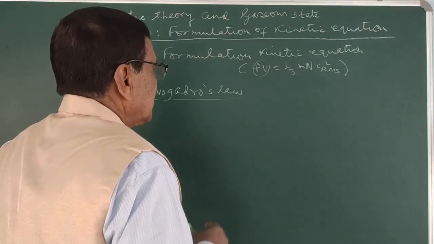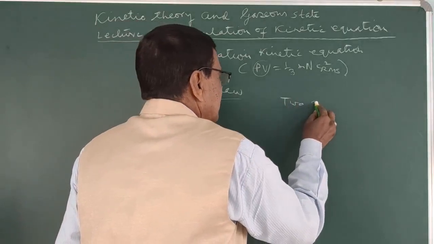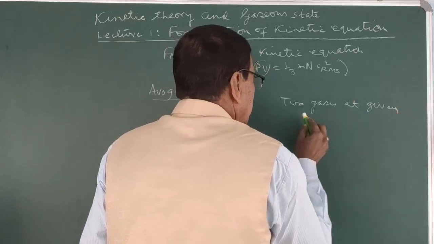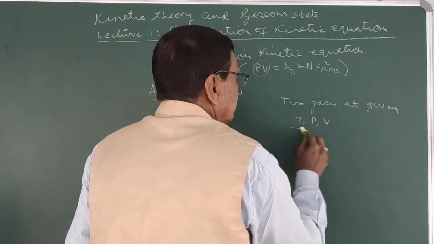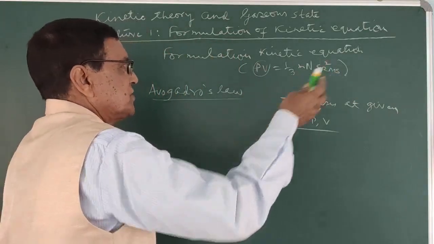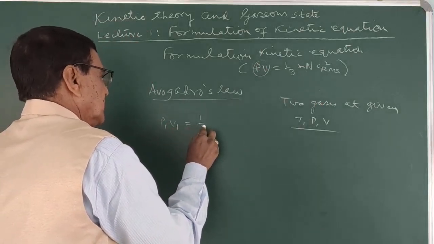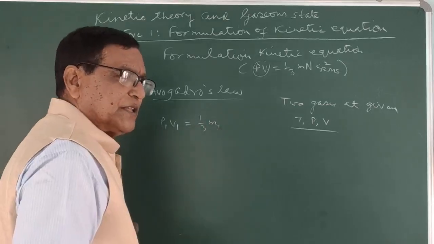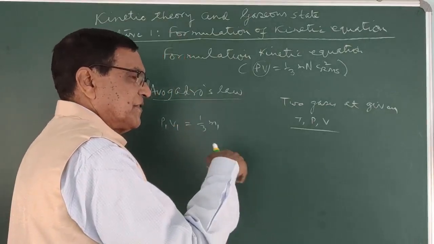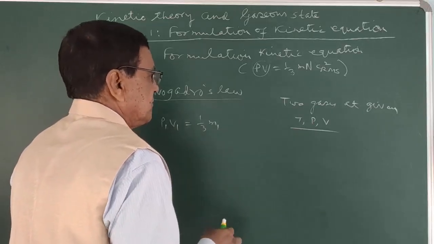Let us consider two gases at a given temperature, pressure and volume. Since pressure and volume are fixed for these two gases, for the first gas we can write P1 V1 equal to 1/3 m1 N1 C1 square, where m1 is the mass of the molecules of the first type gas.